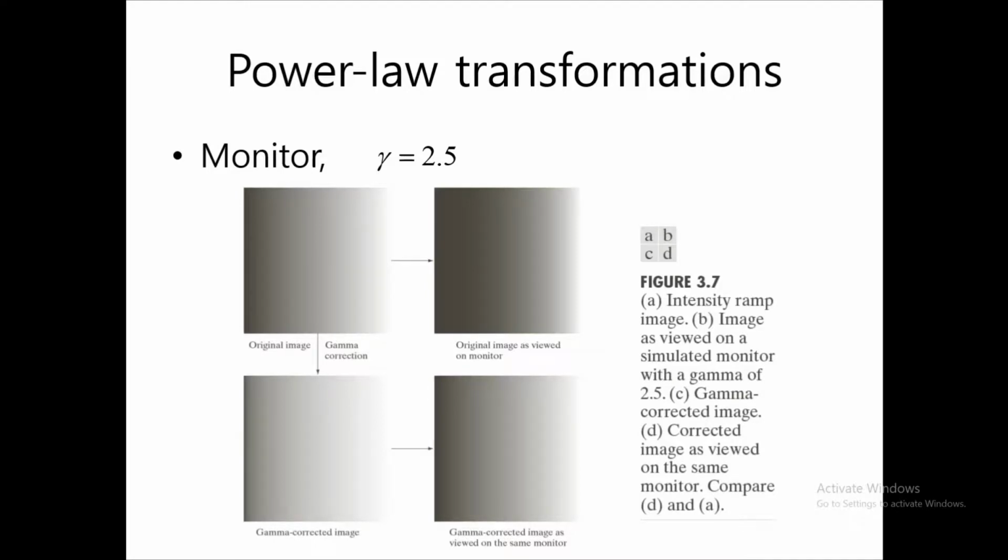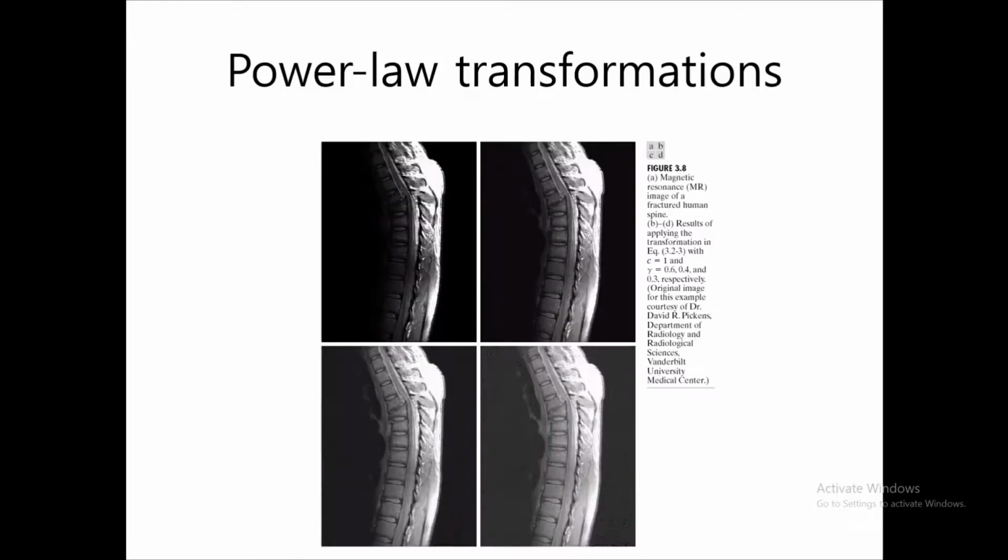With gamma correction, the displayed image and the original image look similar, but if we don't perform any gamma correction, the displayed image looks different from the original image. The power law transformation can also be used for contrast enhancement.